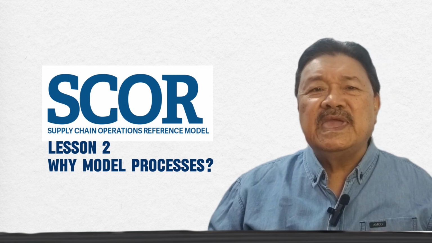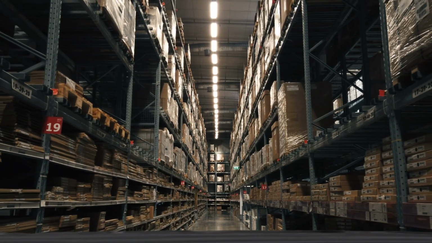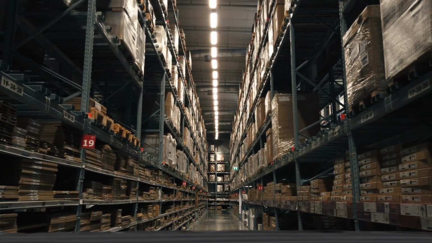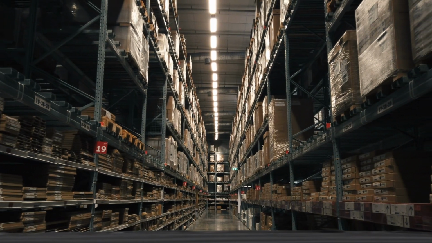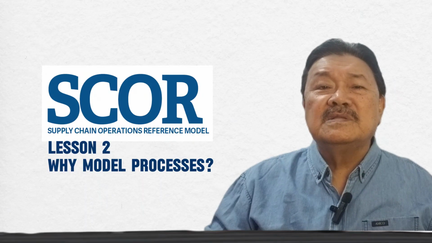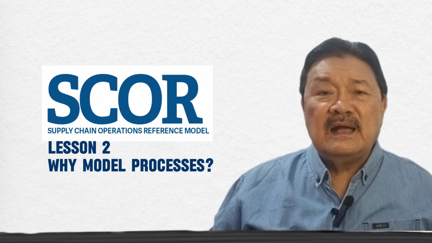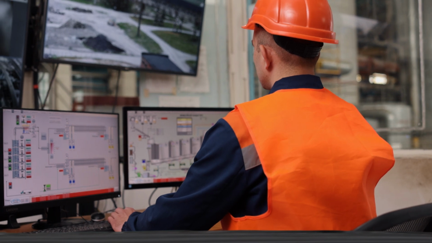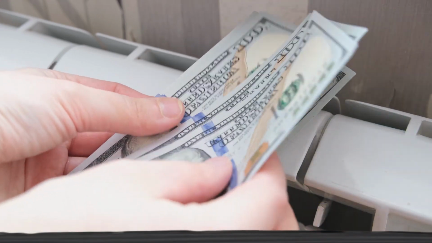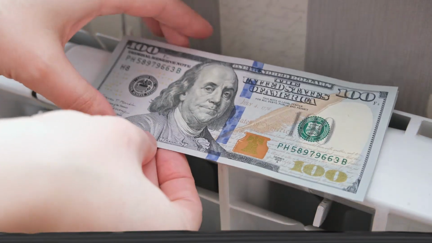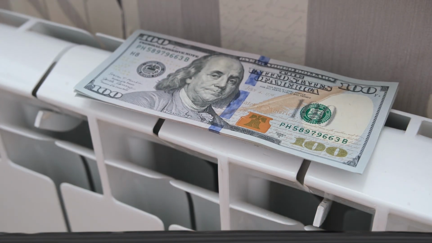Number 3, meeting customer demand. Now, efficient supply chain planning ensures that products reach customers promptly. From raw material orders to final delivery, reliable processes keep demand and supply in harmony. Number 4, you have cost control. Models reveal cost drivers.